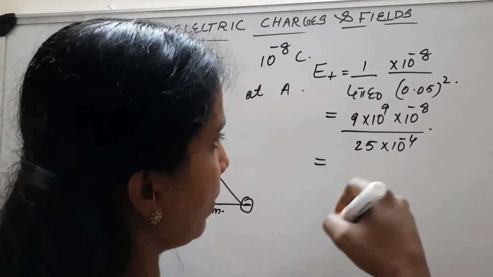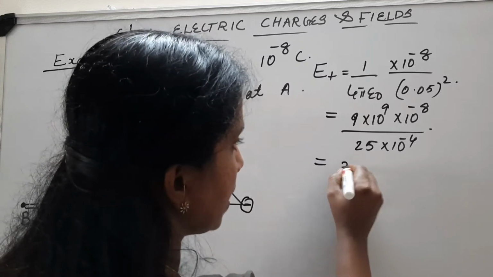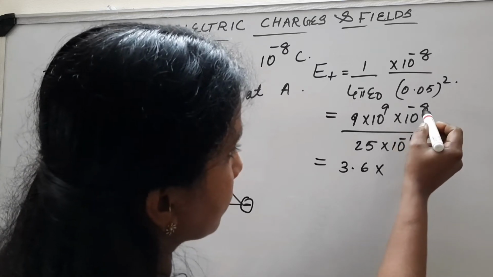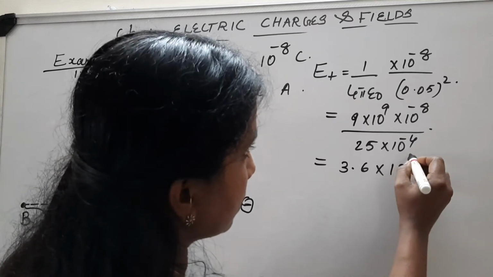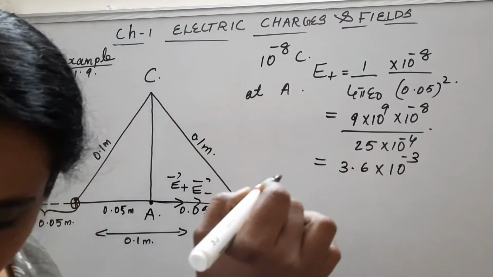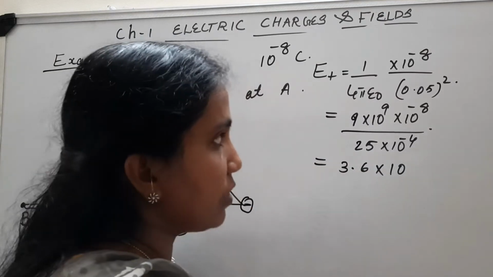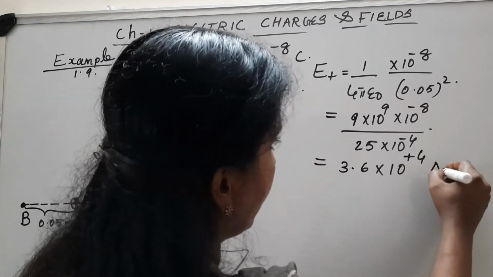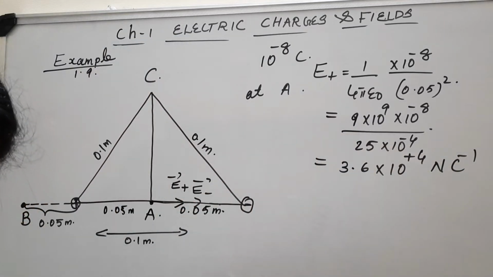So it becomes 3.6 into 10 raised to plus 4 Newton per coulomb. The field due to positive charge is 3.6 into 10 raised to 4 Newton per coulomb.